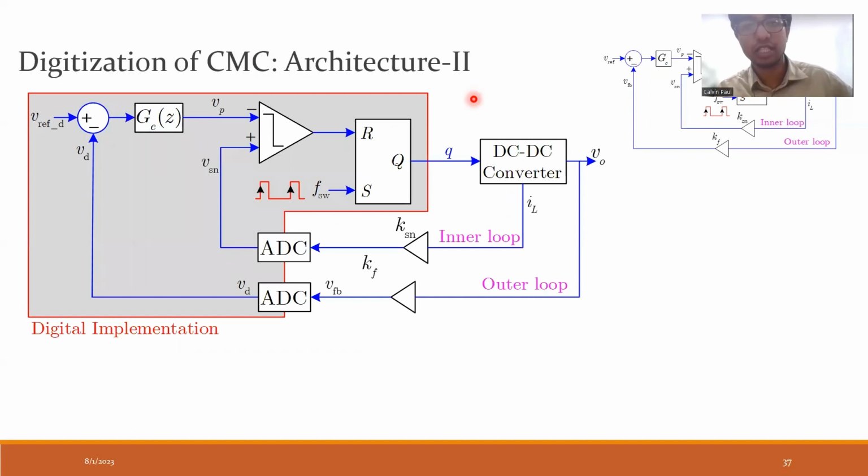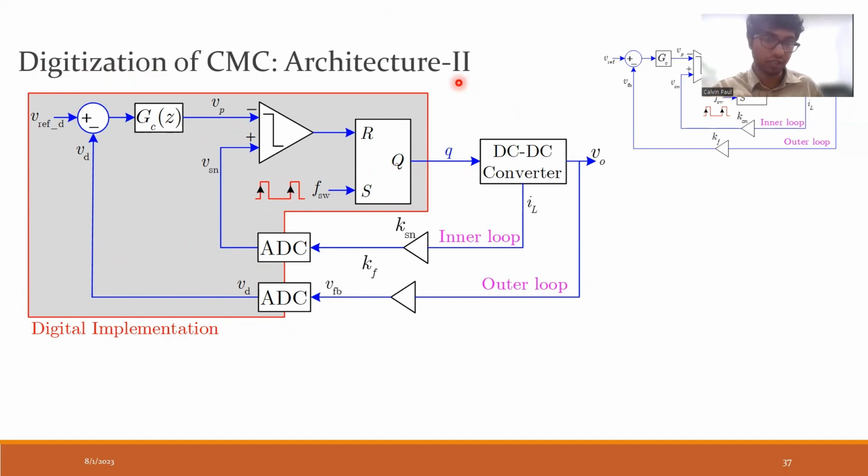Then there could be a case where both are in digital, where the output voltage is converted by an ADC into digital format, and the inductor current also is converted by an ADC into digital format. This entire implementation happens inside the digital platform, inside the FPGA.